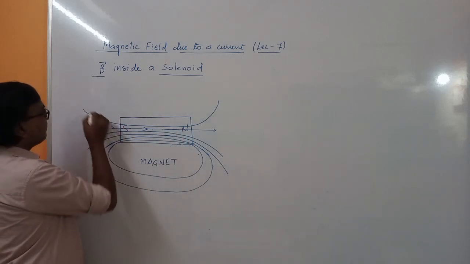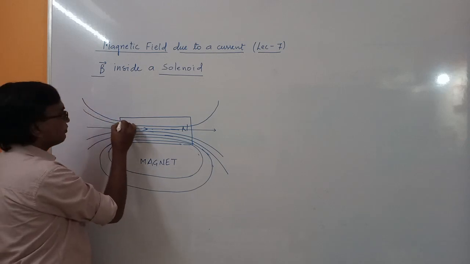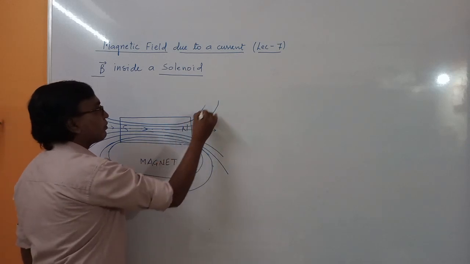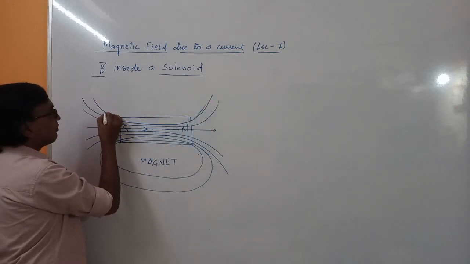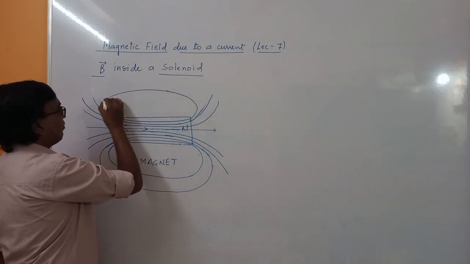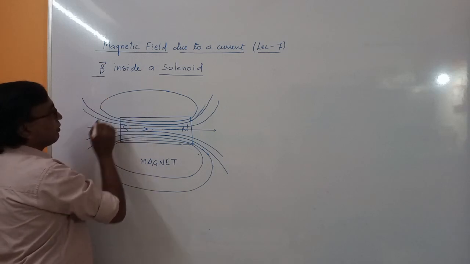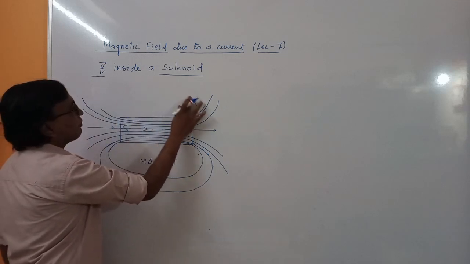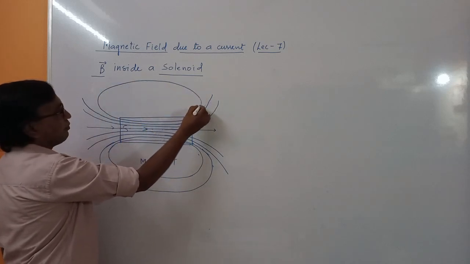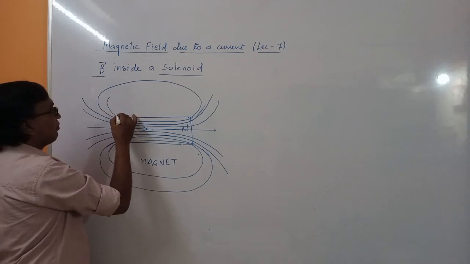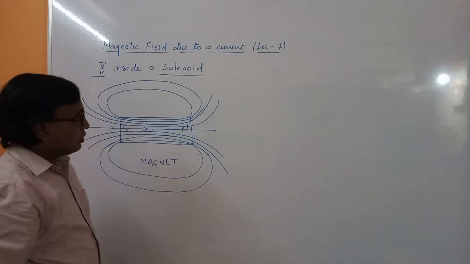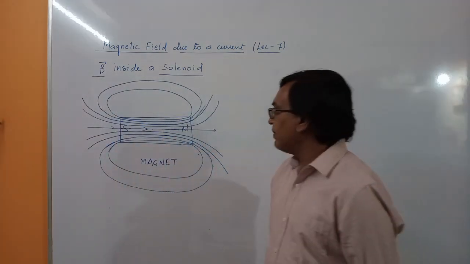So similarly here. So these are the magnetic field lines for the bar magnet.